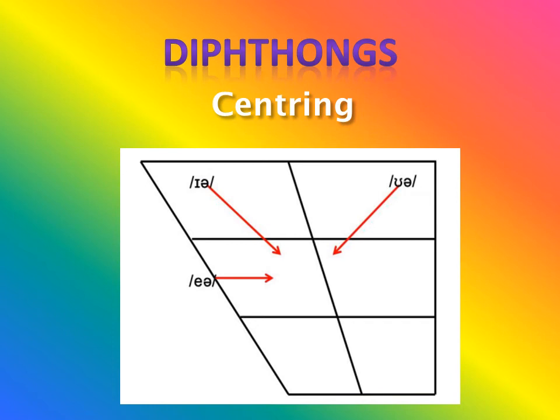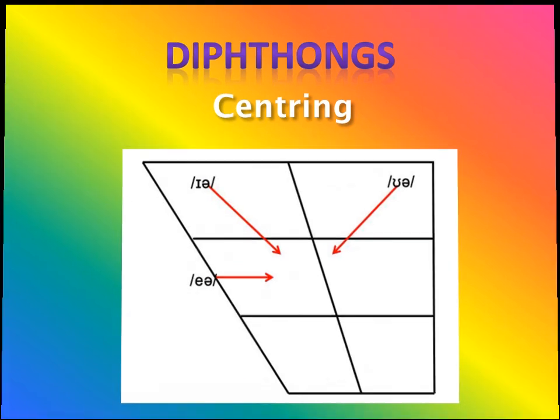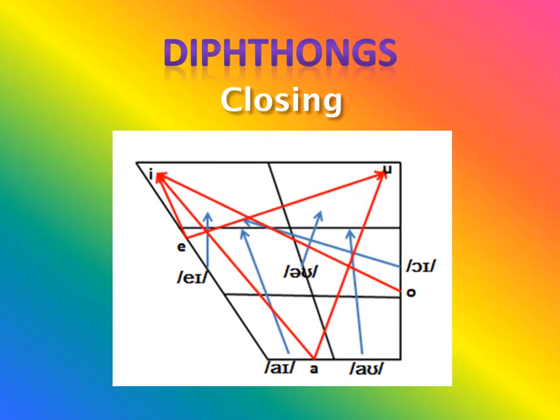Both Spanish and English diphthongs are falling because the first element is more prominent than the second one. But Spanish diphthongs are faster and tenser than the English ones. In the production of Spanish diphthongs, we are representing them here with red lines.